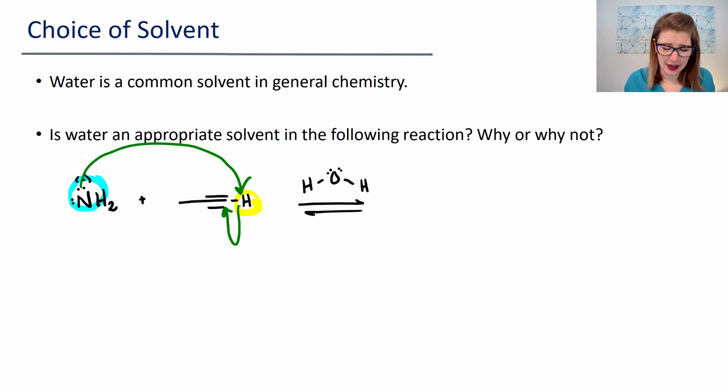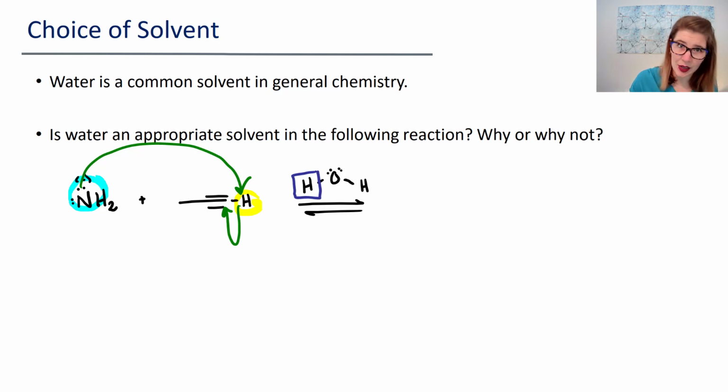And why is that? Why would we end up pulling off one of our water's protons instead of the proton that we want? It's all about acid strength. Water is a stronger acid than the proton that's on the carbon that's in the triple bond. And you can't stop the base from attacking the stronger acid. It's going to do that.